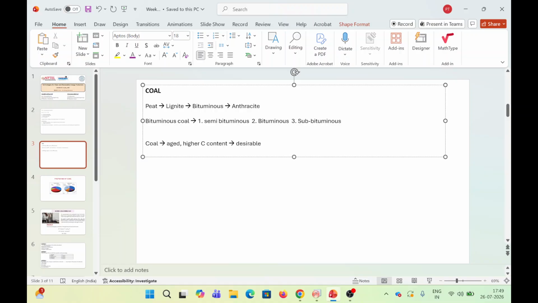However, coal which has more moisture and volatile matter is going to be less desirable. As somebody rightly said, why is it less desirable? Because more energy is required to evaporate the moisture. The heating value decreases.